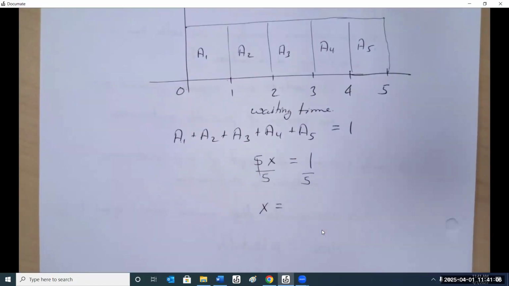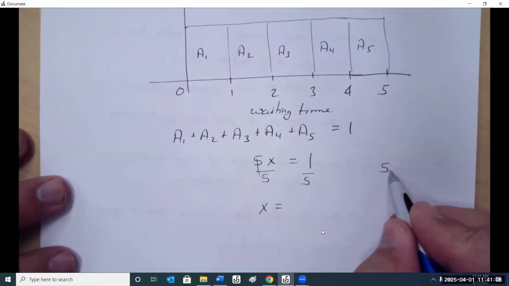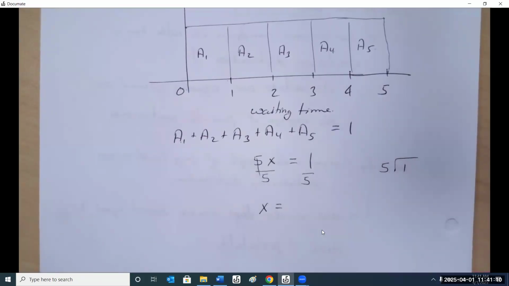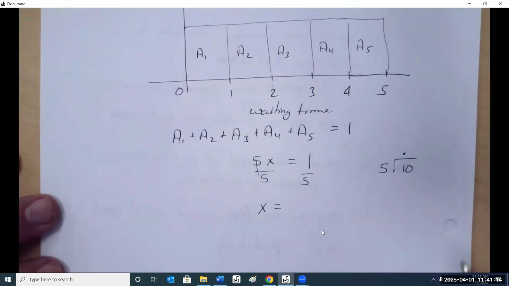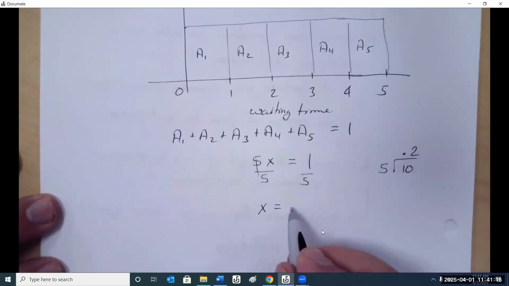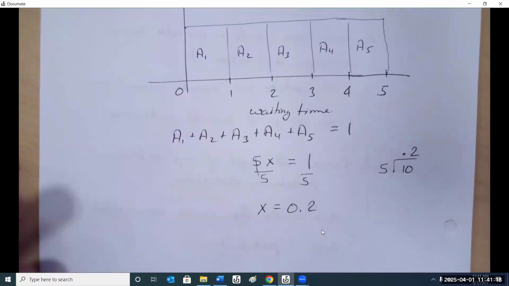One divided by 5. Does 5 go into 1? No. So I put a decimal. So I put 0. Does 5 go into 10? So they each have the same allotment of time of 0.2 minutes of waiting time.